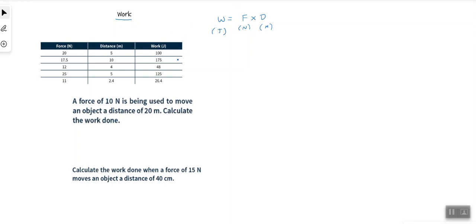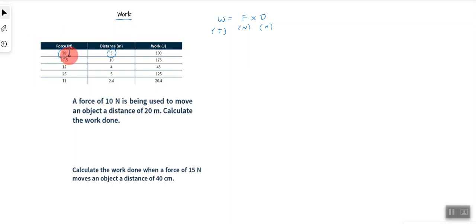So let's first of all have a look at this table of information, just to see the pattern you get in relation to force and distance. This is just a table of results that a student would have calculated.